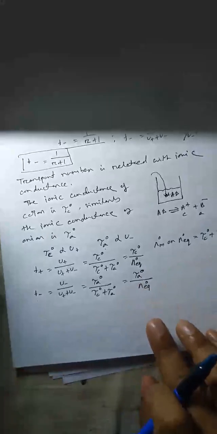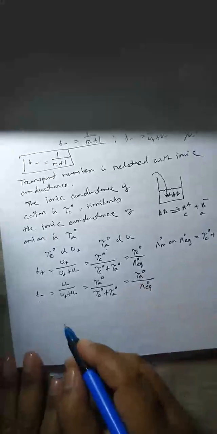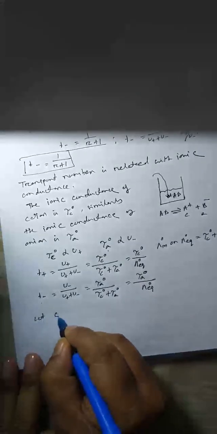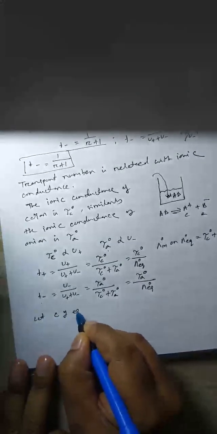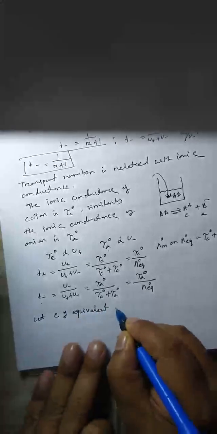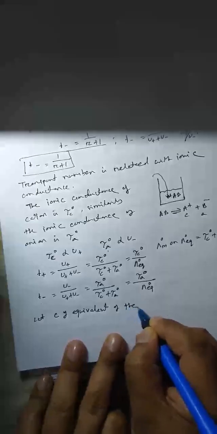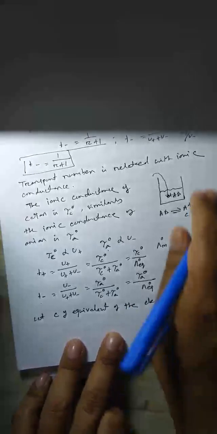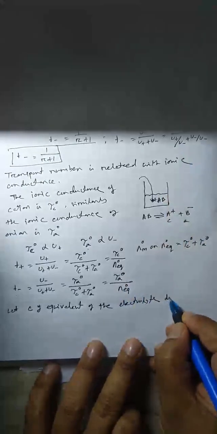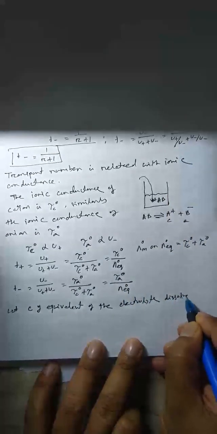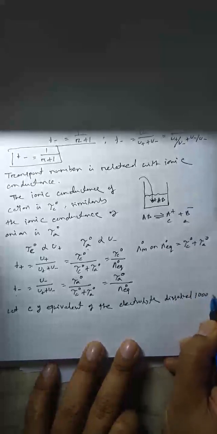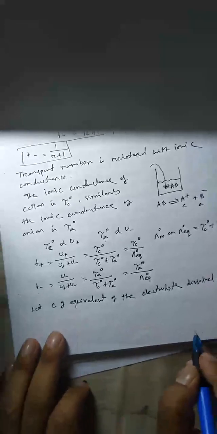Let us consider the equivalent conductance of C gram equivalent of the electrolyte dissolved in 1 liter, that means 1000 cc, of solution.